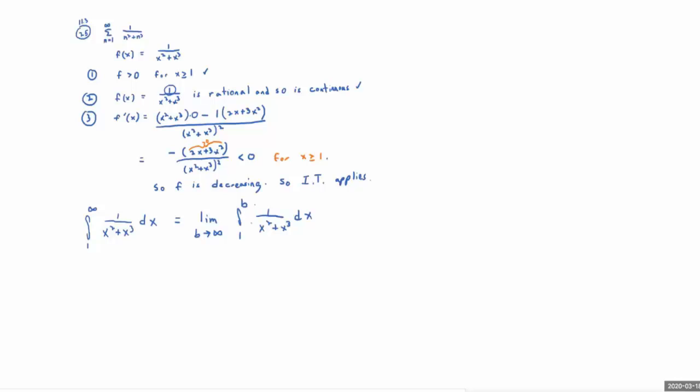Do you remember which method you would want to try to use on this to integrate it? To integrate, we take the limit out separately, and then we integrate with b and 1, and then solve it.